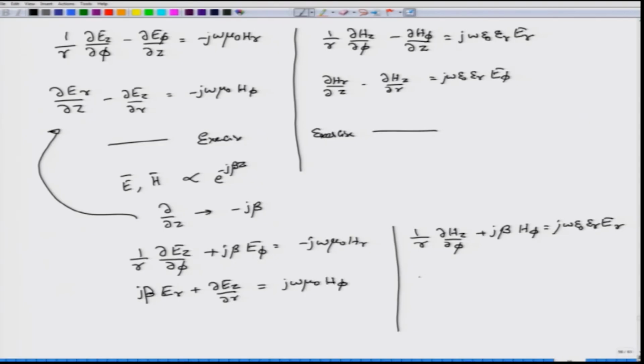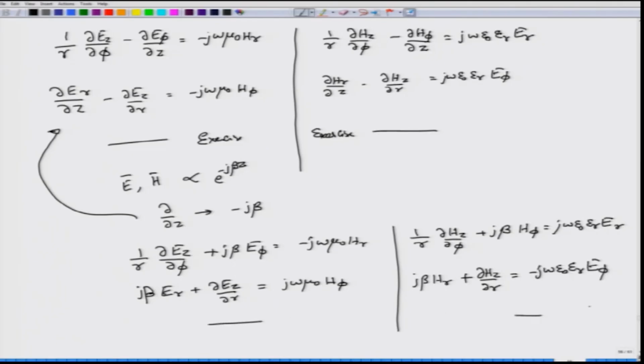On the right hand side, again you will have the same kind of thing. On the left hand side, you will have a minus sign because del by del z will be minus j beta. I will transpose the minus sign onto the right hand side. So, I will have j beta h r plus del h z by del r equals minus j omega epsilon 0 epsilon r E phi.